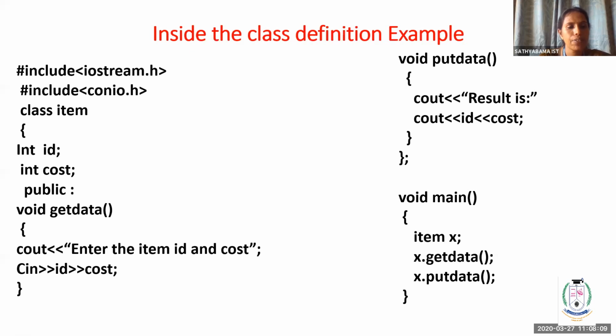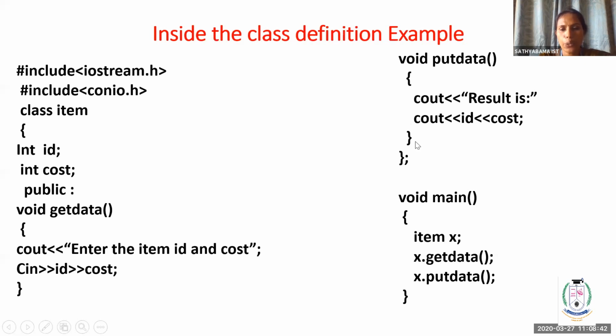Directly, we can start defining the function getData. Inside getData, the same things are done: by some normal user defined statement, we write the item ID as well as cost, as you wish. Then using the cin statement, we collect the ID as well as cost. And in putData, we display the result of ID and cost.